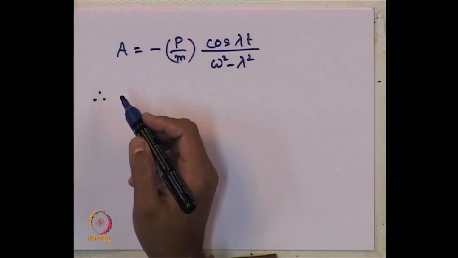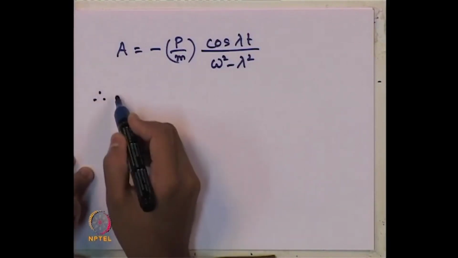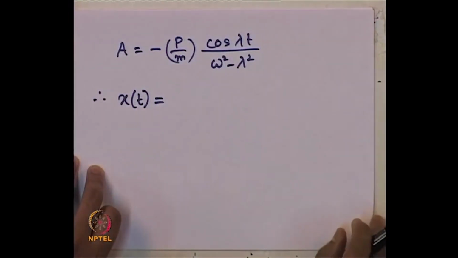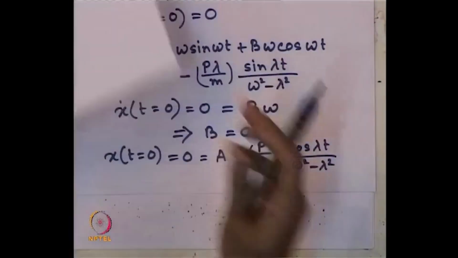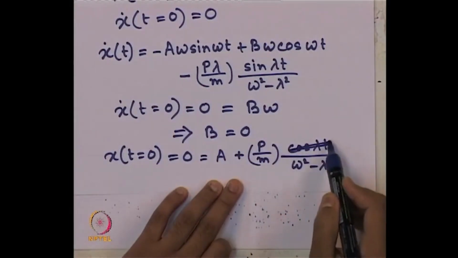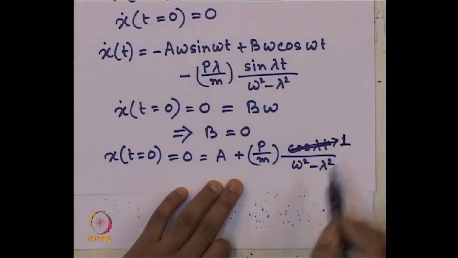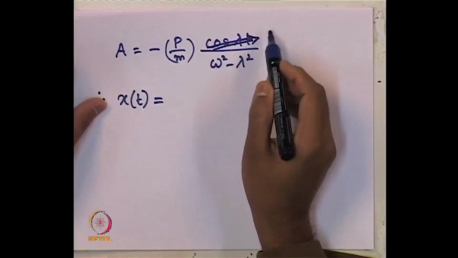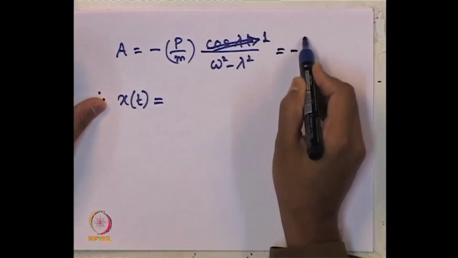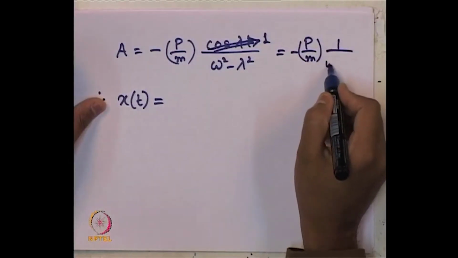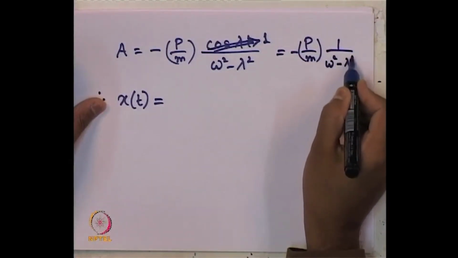Therefore, the complete solution we can now write it as x of t equals to, sorry, cosine of lambda t will not be there, because at t equals to 0, this is 1. Minus p by m 1 by omega square minus lambda square.